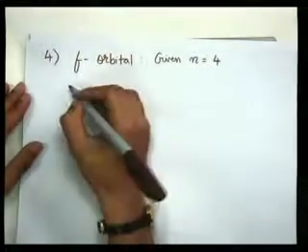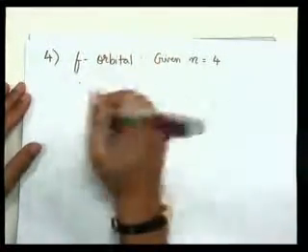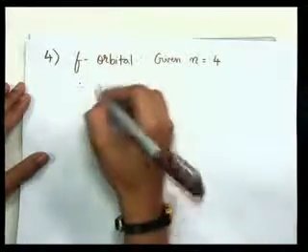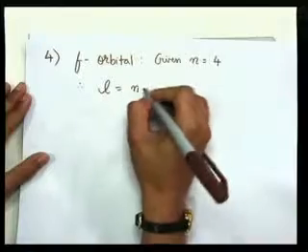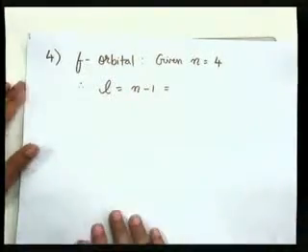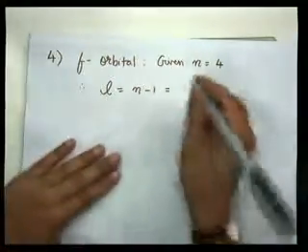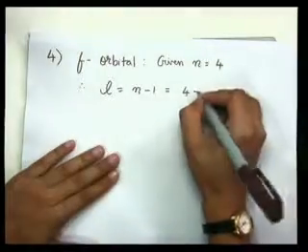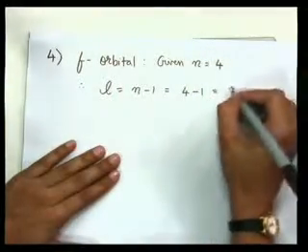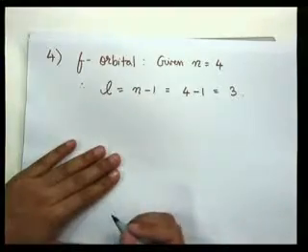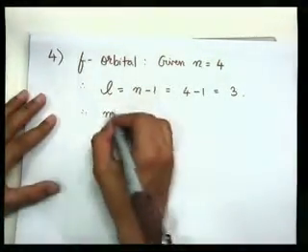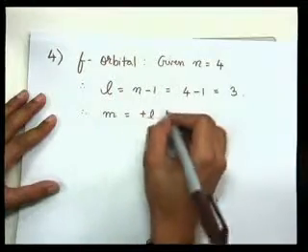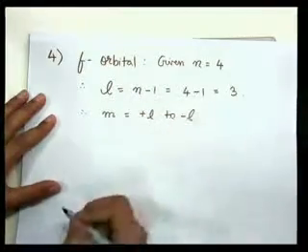It means if I want to find out the angular quantum number or azimuthal quantum number, what is the formula? L equal to n minus 1, that is 4 minus 1, that is 3. Now you are already aware of the magnetic quantum number, that is taking the value equal to plus L to minus L. So what will happen?